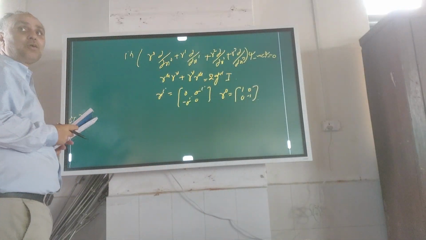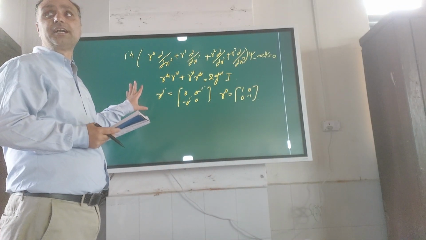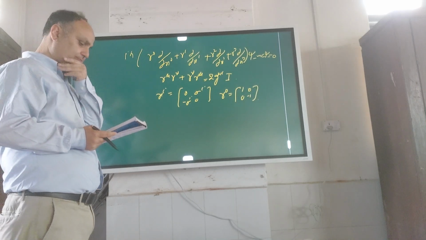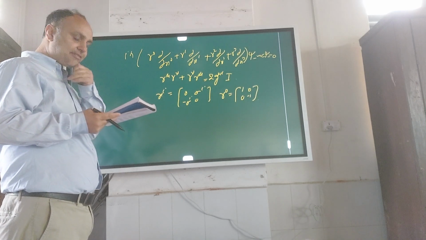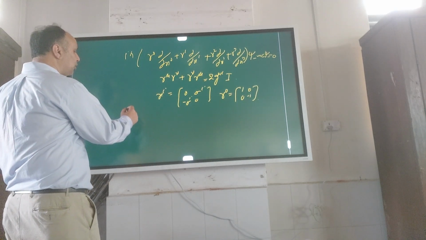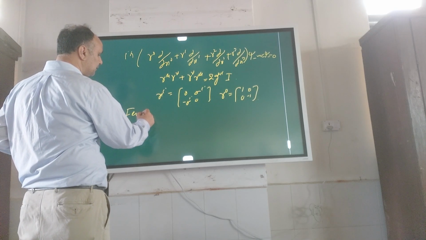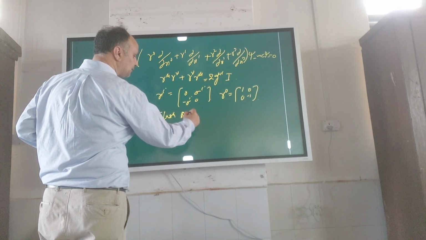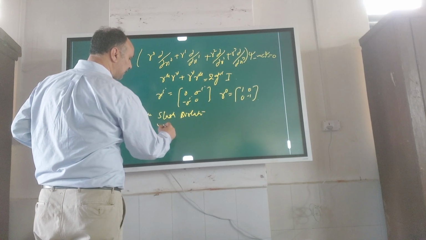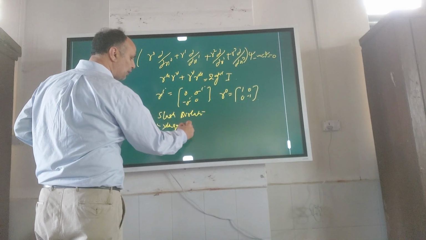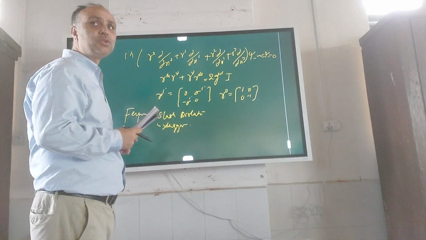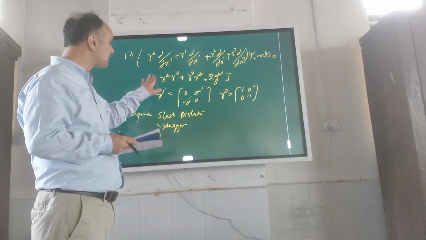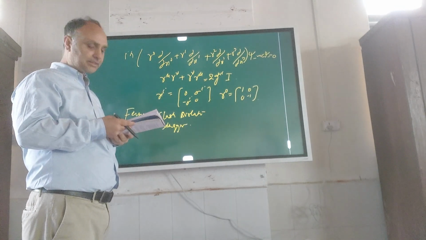Now one thing is that we can use what is called Feynman's dagger, or Feynman's slash notation. Notationally, we are going to see how we can write this transformation.